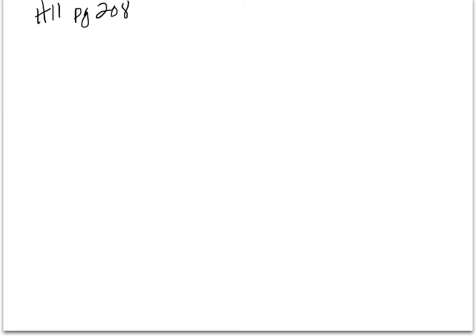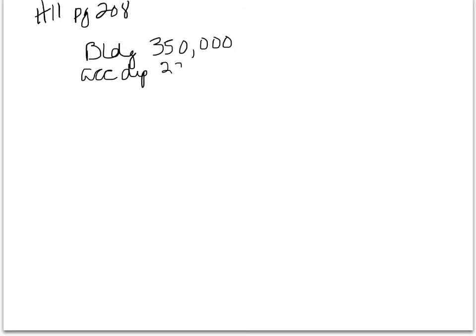It shows us the company sells a building with a cost of $350,000. So the building cost $350,000, and accumulated depreciation for that building was $270,000.